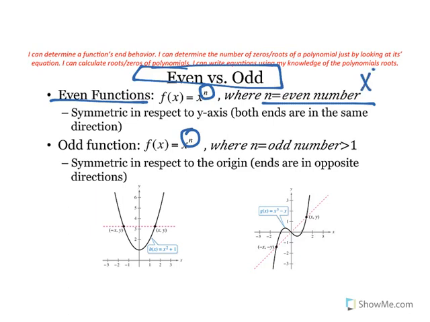So x squared, x to the fourth, x to the sixth, x to the 20th. No matter what that exponent is, if the highest exponent power is an even number, then that means you're dealing with an even function. And what that tells us is that the end behavior will always be the same.